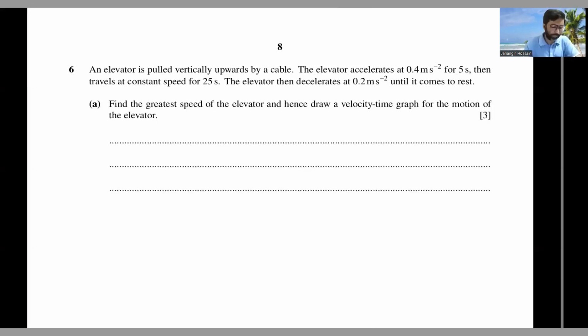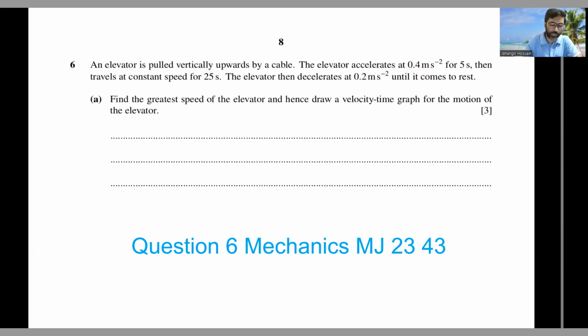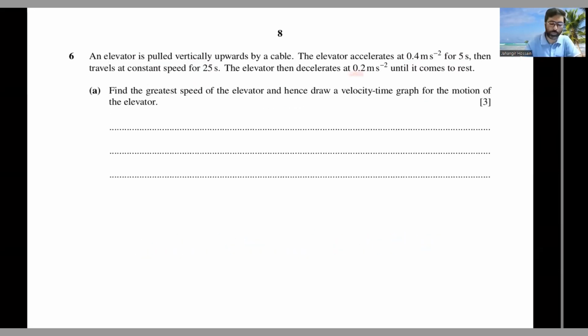In question 6, an elevator is pulled vertically upwards by a cable. The elevator accelerates at 0.4 meter per second square for 5 seconds, then travels at constant speed for 25 seconds, then decelerates at 0.2 meter per second square until it comes to rest. Find the greatest speed of the elevator, hence draw the velocity time graph.